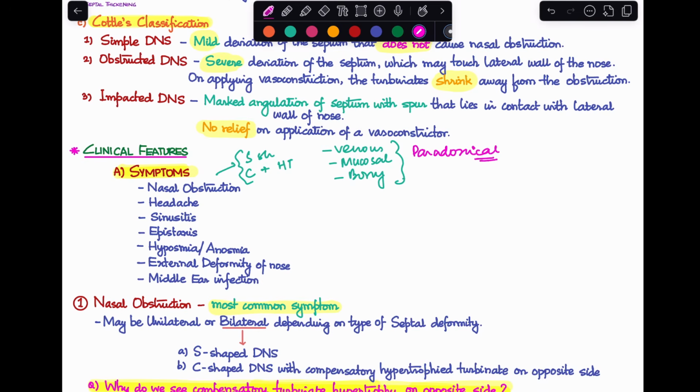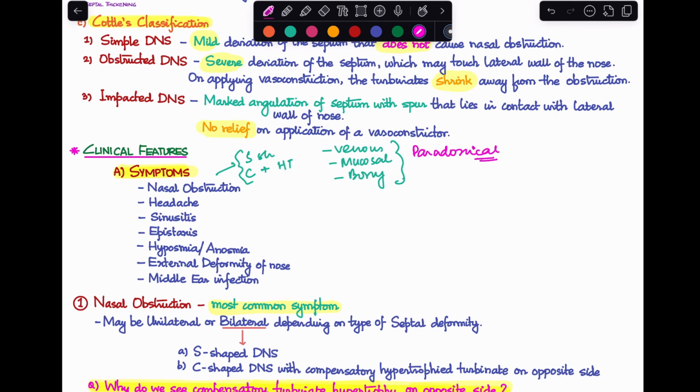If you have learned about the nasal cycle, you know that mucosal congestion occurs in it, and the nasal cycle is actually a normal physiological process. When there is mucosal congestion in the nasal cycle, it results in a feeling of additional intermittent nasal obstruction on the side of the nose which is wider.